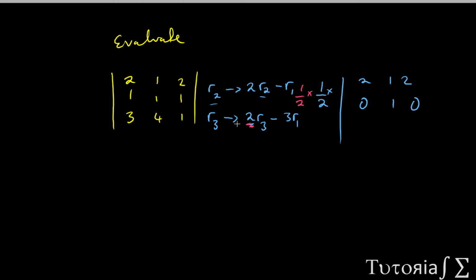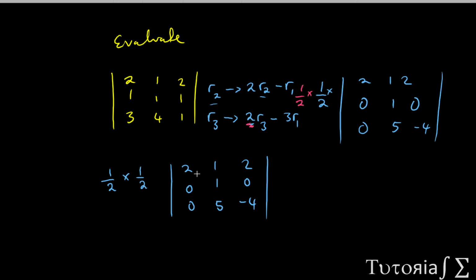So now then we apply the operation. 2 times 3, so that will be 0 here. 2 times 4, that will be 8 minus 3, 8 minus 2, that will be 5. 2 times 1, that will be 2 minus 6, that will be negative 4. Okay, so we have our zeros there. So we're going to have 1 over 2 times 1 over 2. Then we have our matrix, which is 2, 0, 0, 1, 1, 5, and 2, 0, negative 4.